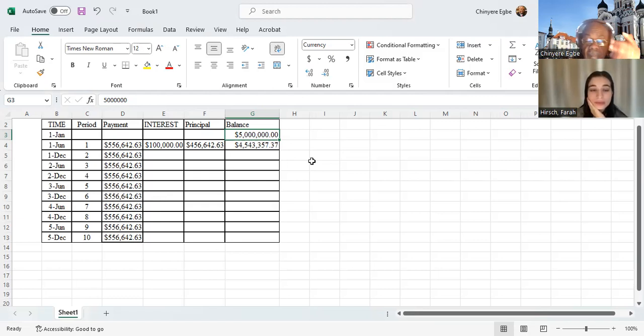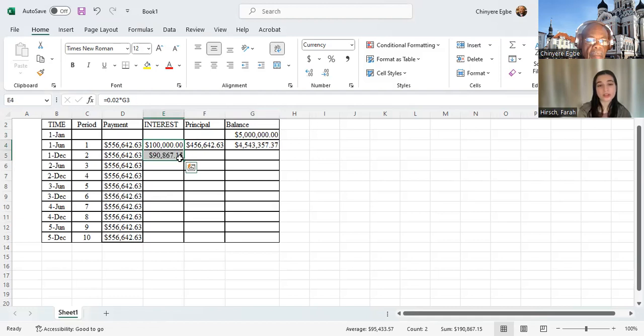And so you now have a balance of 4,543,000 and change. Now, the whole idea is that the next period, you're going to pay interest only on the balance, right? Okay. So you only pay interest on the 4,543,157. And so it becomes 2% interest times G4.